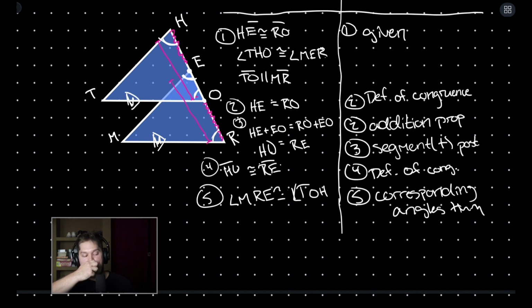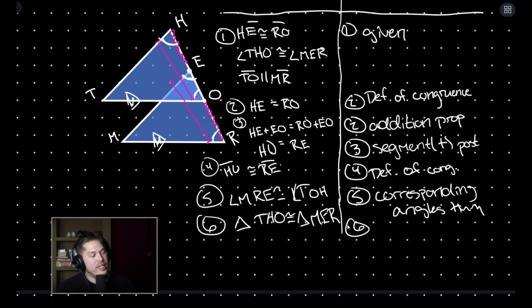In what order do we have it in? We have angle, side, angle. So we can say that our two triangles are congruent. Yes, we can say that triangle THO is congruent to triangle MER by the angle, side, angle postulate.